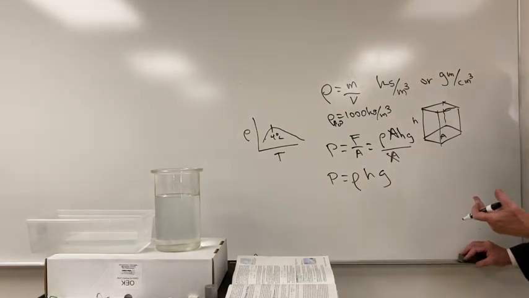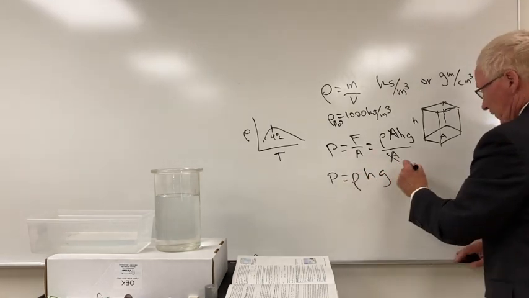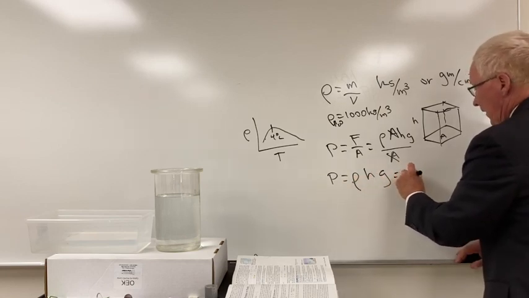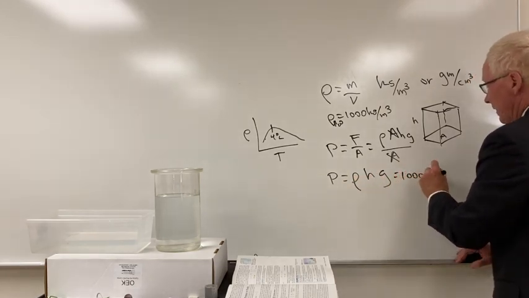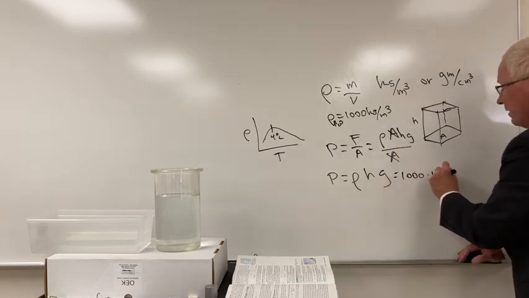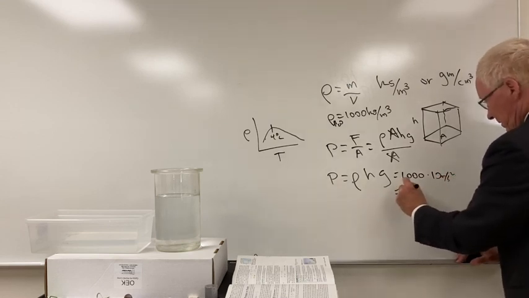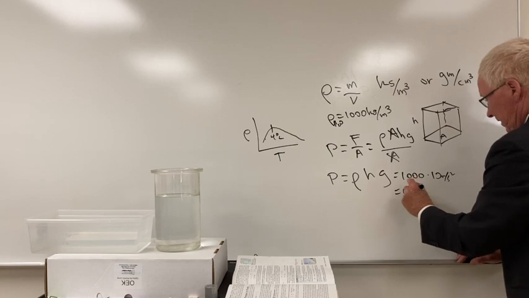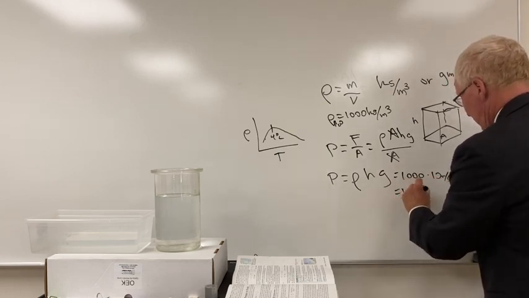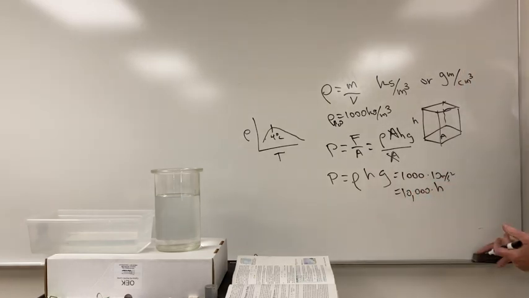Now, what we see here then, if we put in roughly the density of water, 1,000, times g, which is 9.8, or let's use roughly 10 meters per second squared, this will be 10,000 times the height, or depth in this case.